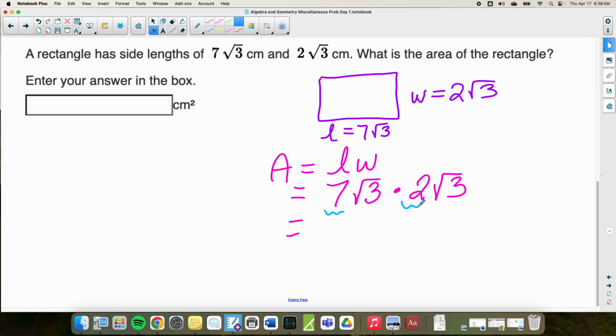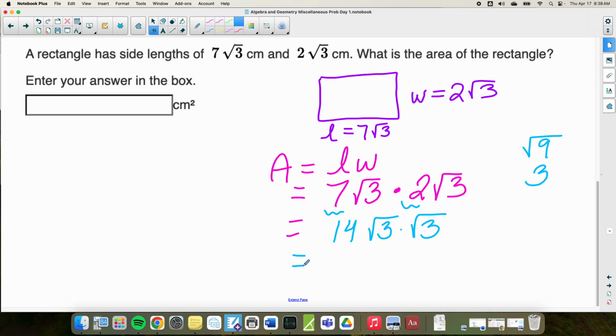When you have something like that and they're multiplied, what you can do is multiply the 7 and the 2 together. So 7 times 2 is 14. And then I have square root of 3 times square root of 3. What is square root of 3 times square root of 3? It's just 3. Think of it as square root of 9, which is 3.